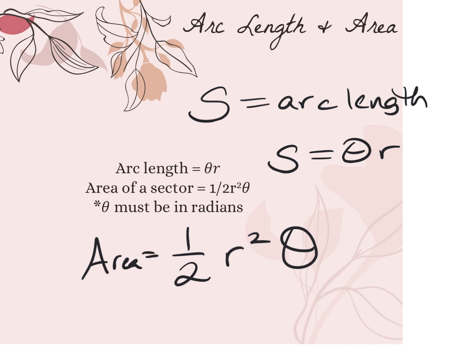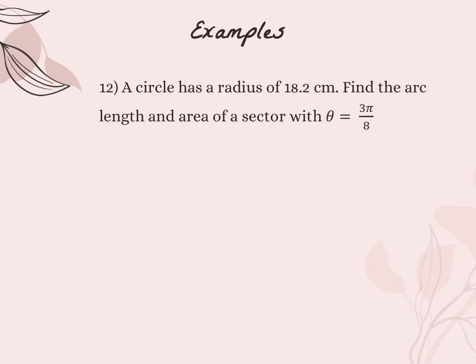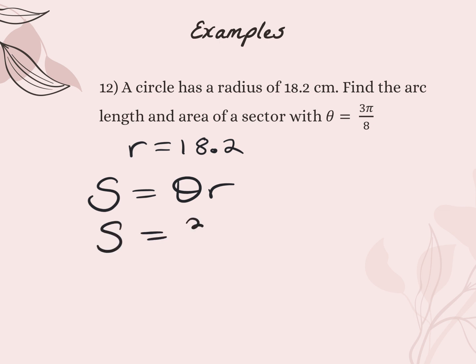So let's do 2 examples using both of these formulas. Okay, so the first example, they're giving us the radius length, it's 18.2. They want us to find the arc length, and remember the formula for arc length is theta times the radius. So the arc length is going to be 3 pi over 8 times the radius, 18.2.